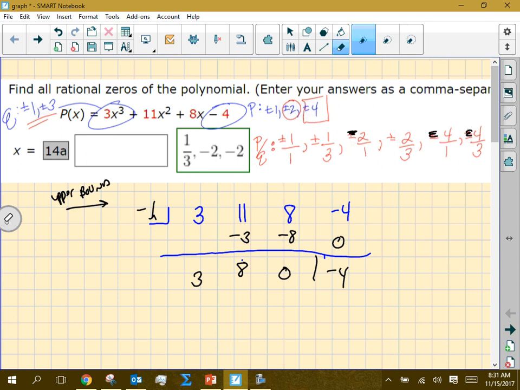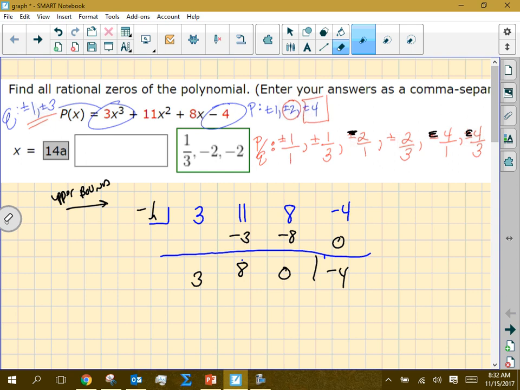Now that final line, because that negative 4 is not a 0, then negative 1 is not a 0. But looking at that final line, I'm looking for two patterns that tell me something about the negative 1. I'm looking for either an alternating quotient line in regards to pluses and minuses, and we don't have that, or I'm looking for an all positive quotient line, and we don't have that.